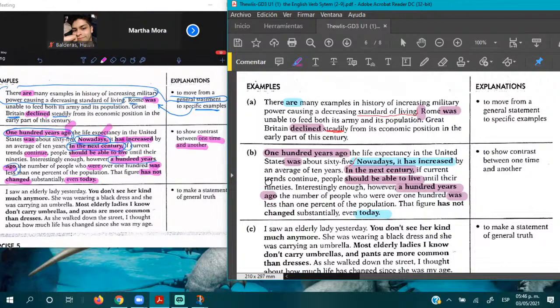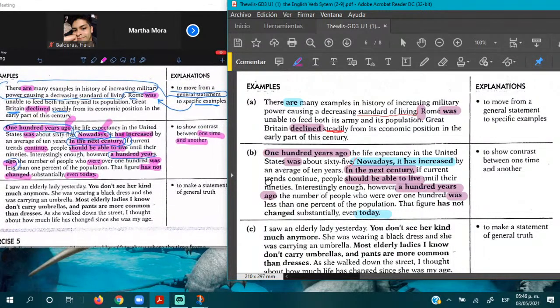Okay, hold on a second. I don't know if you noticed that this story has the main story, which is here. I saw an elderly lady yesterday. She was wearing a black dress and she was carrying an umbrella. As she went down the street, I thought about how much life has changed since she was my age. This is the main story.